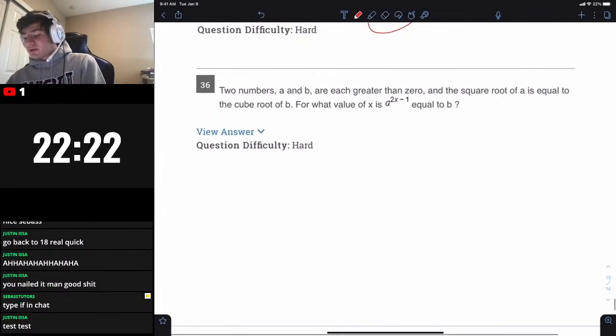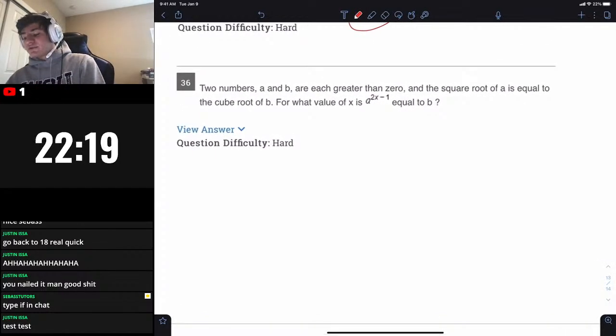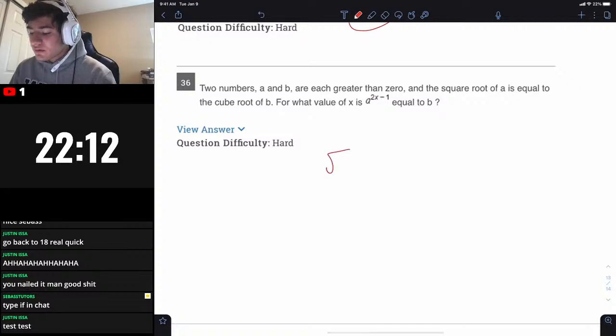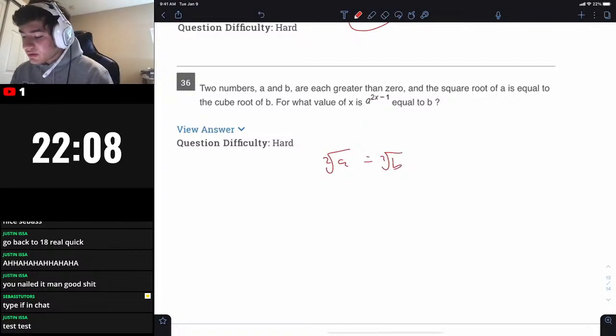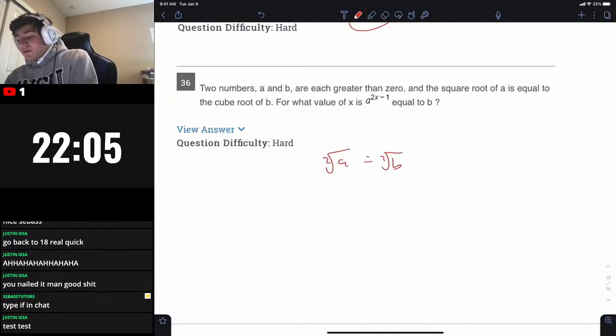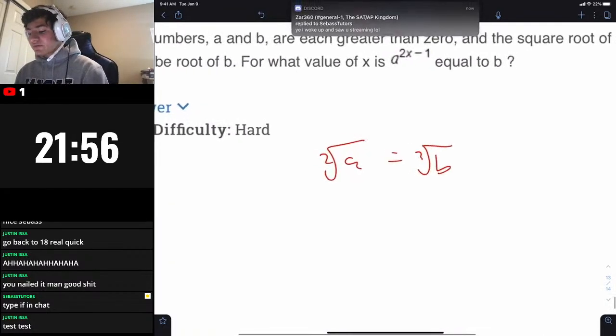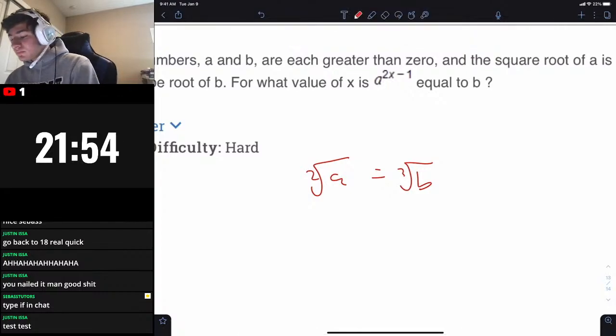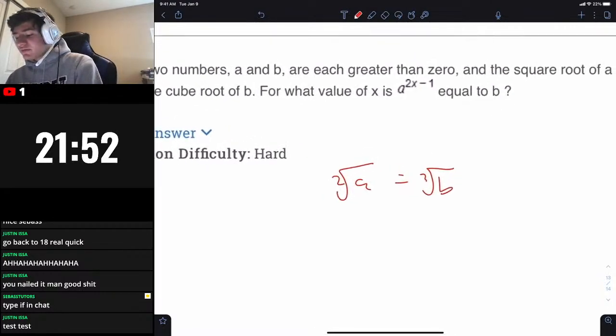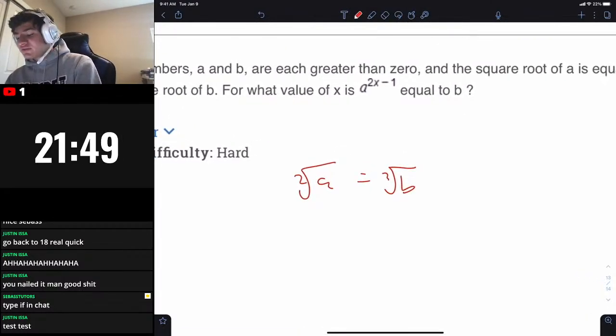Two numbers a and b are each greater than 0. The square root of a is equal to the cube root of b. For what value of x is a to the 2x minus 1 equal to b?